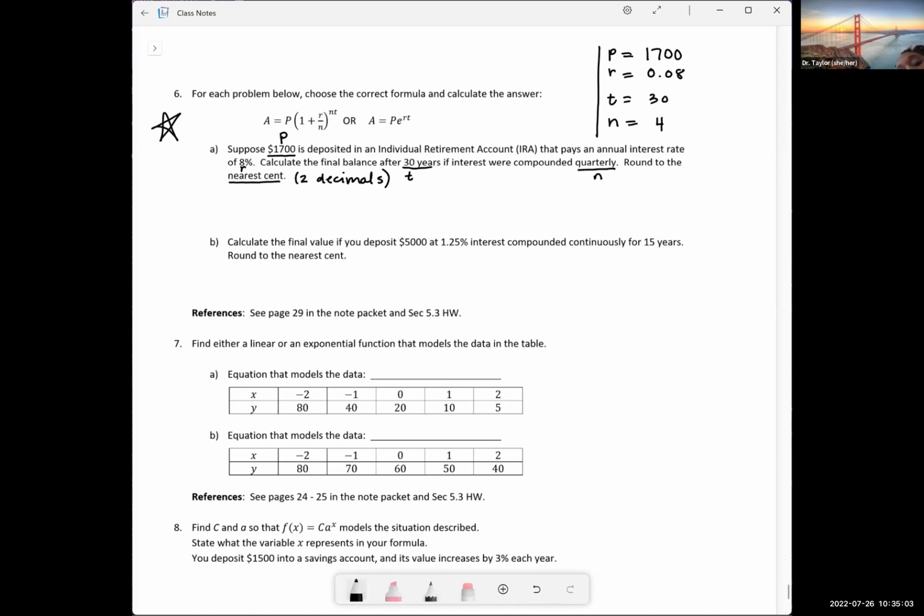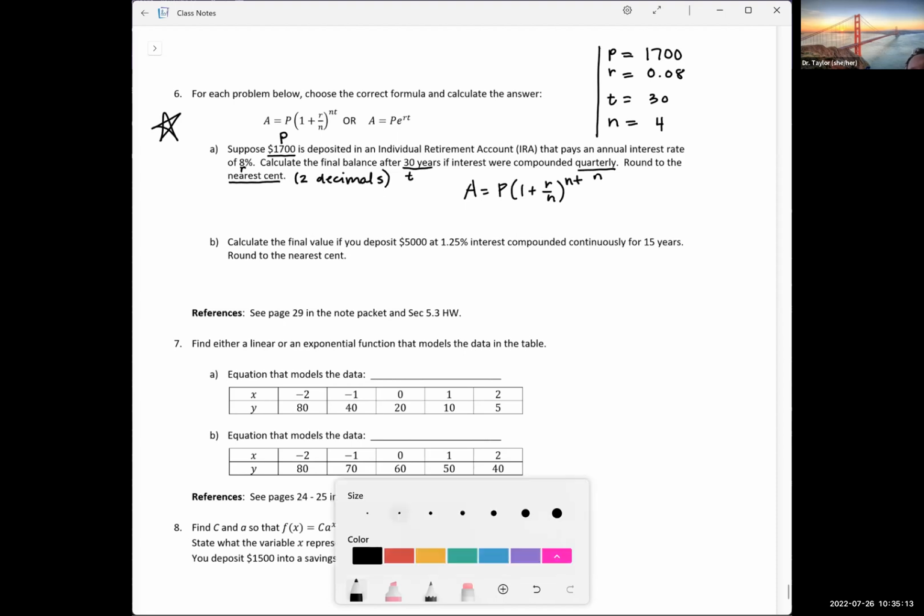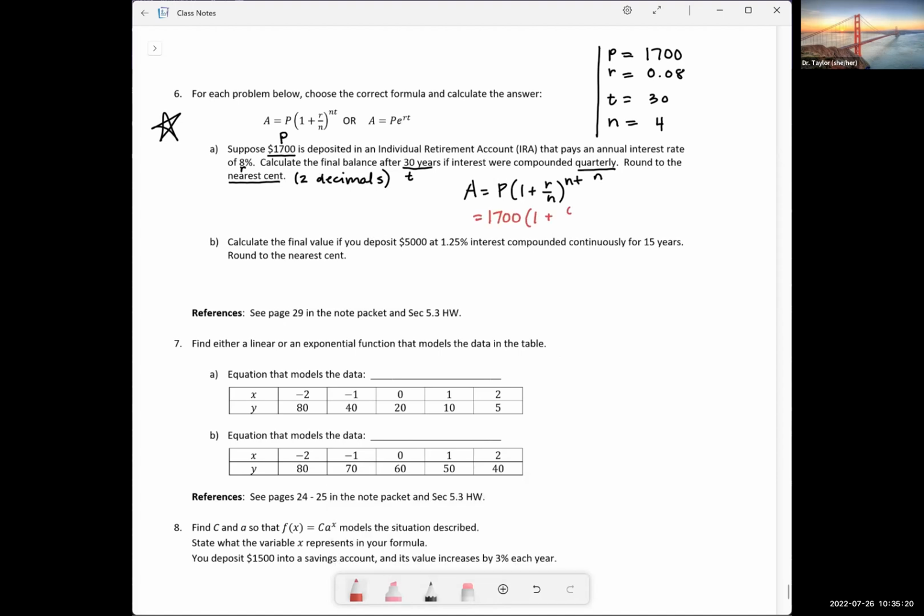Okay, so in my formula, A equals P times (1 plus R over N) to the NT. So now we just substitute values. 1,700 times (1 plus 0.08 divided by 4) to the 4 times 30. I'm gonna stop sharing so I can share my calculator. Just a sec.